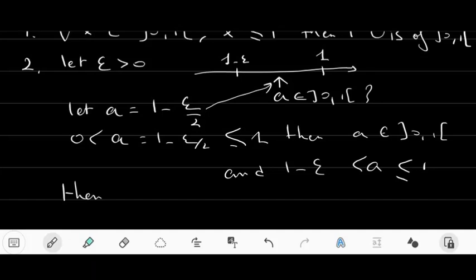And since it is true for any epsilon you choose, the proof remains true. You didn't put any condition on epsilon. So this is true even if epsilon is very small, which means that you will not be able to find any number less than 1 which is an upper bound. Then 1 is equal to the supremum, the least upper bound of the set (0,1). Okay, I will let you do the same for the lower bound and the infimum.